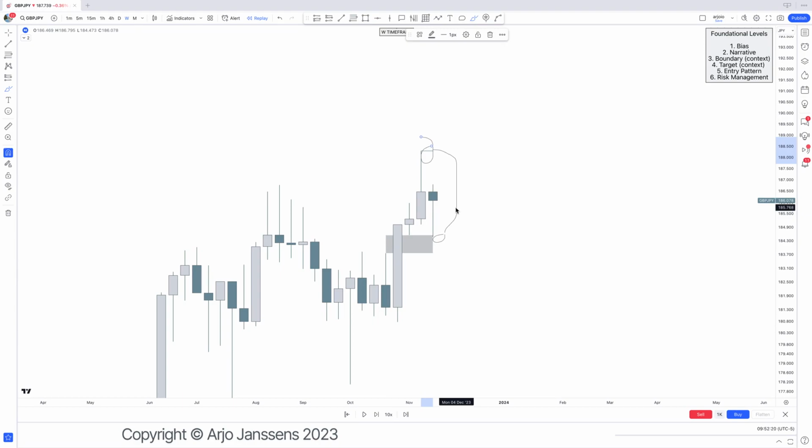So if we understand that, then the next step I want to briefly touch on, but it's not that important, is a market maker model. Because this area right there is where your market maker model forms. So this is you now understanding where a market maker model forms.